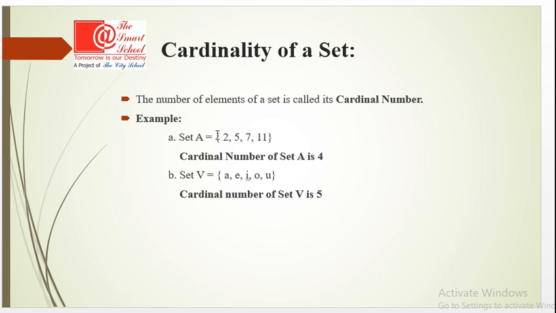These are 4 elements, so the cardinal number of set A is 4. Another example, set V has members A, E, I, O, U. So 1, 2, 3, 4 and 5. So the cardinality of set V is 5, or the cardinal number of set V is 5.